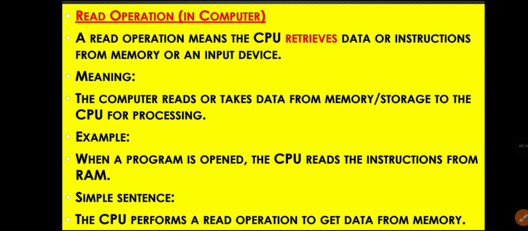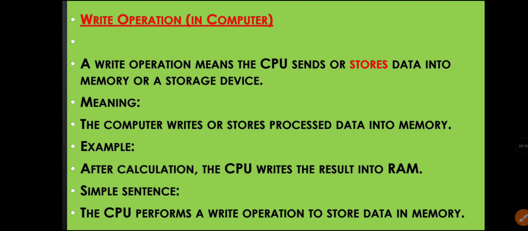For example, when any program is opened in the computer system, the central processing unit reads the instructions from RAM. So, simply, the central processing unit performs a read operation to get data from memory. If we want to get data from memory, that is called a read operation in a computer system.